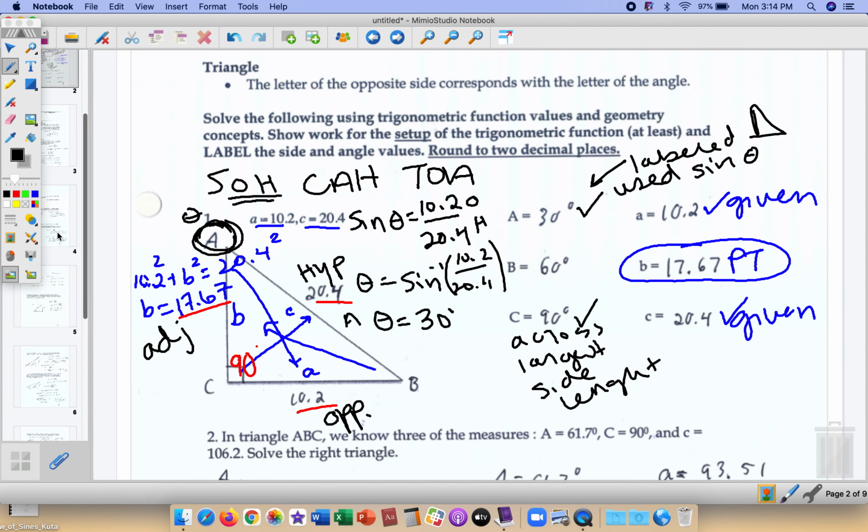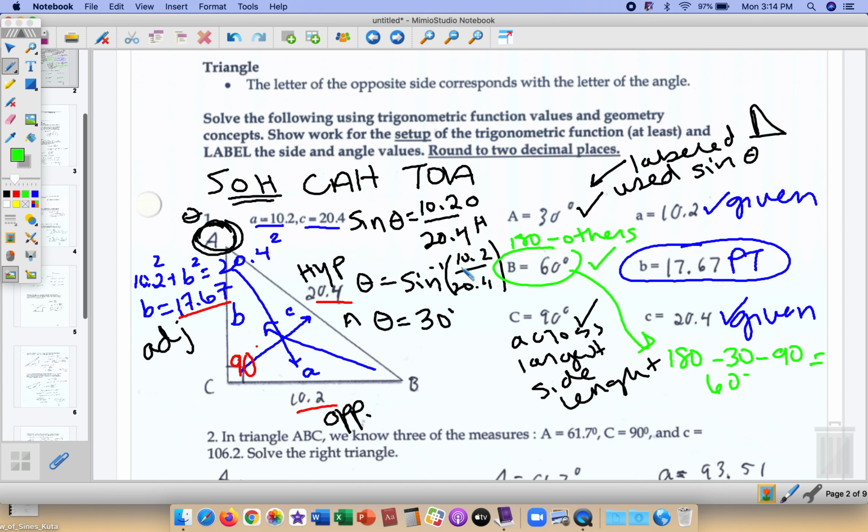And once we do that, we only have one angle left, right? We can subtract the other two from 180. So we know that all three add to 180. So 180 minus 30 minus 90 will get us the 60 degrees. So we do 180 minus the others to get your last angle.